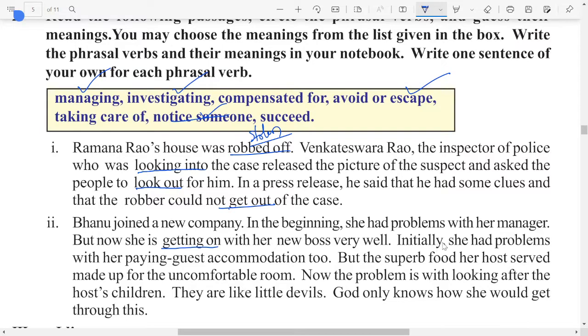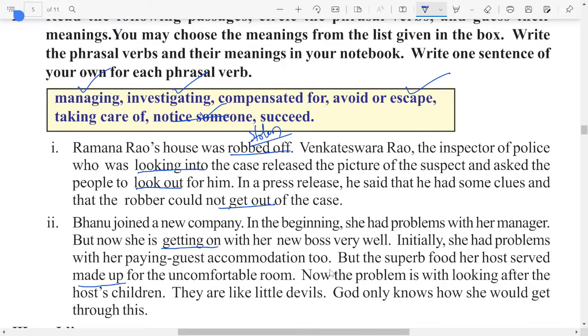Initially, she had problems with her paying guest accommodation too, but the superb food her host served made up for the uncomfortable room. Made up, in the sense, means compensated.